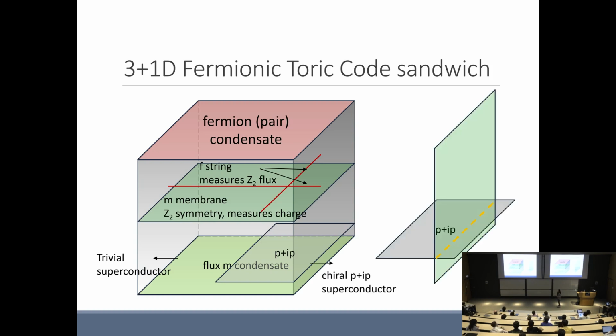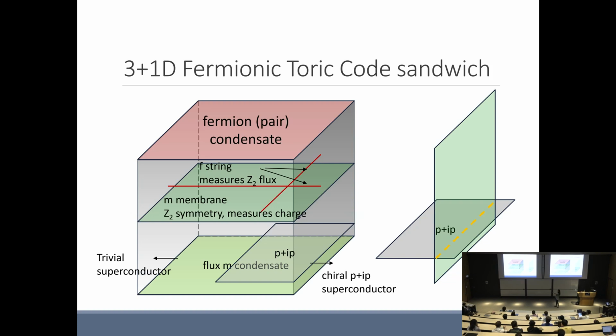And moreover, this is also consistent with the fact that one side is just the flux loop condensate and the other side is the flux loop plus Kitaev chain condensate, because when we tunnel a membrane operator in the vertical direction, which generates a flux loop at the bottom, it goes through this added plane of p plus ip, and we know that a flux loop in the p plus ip actually generates a Kitaev chain along the intersection, right?